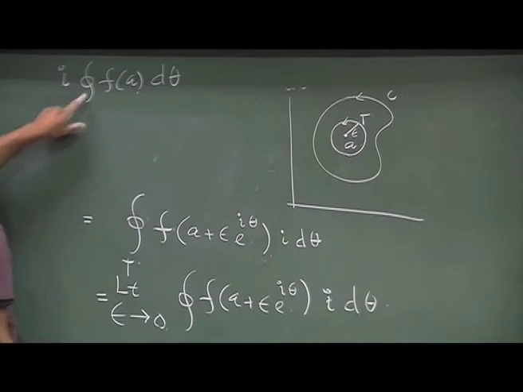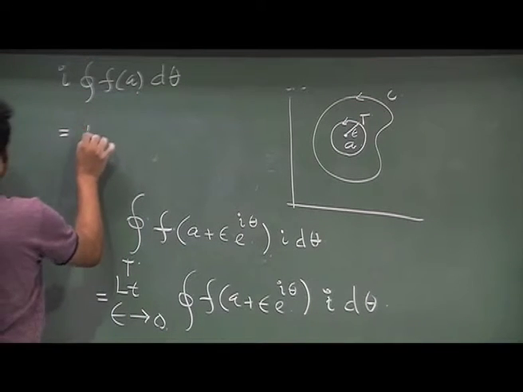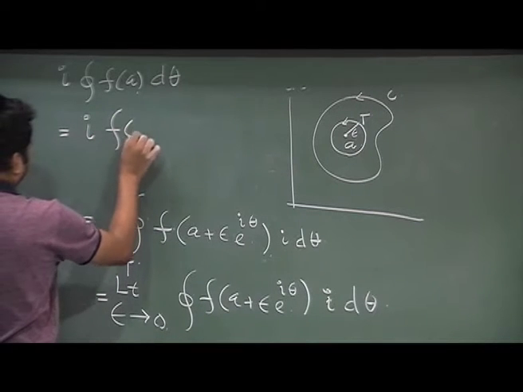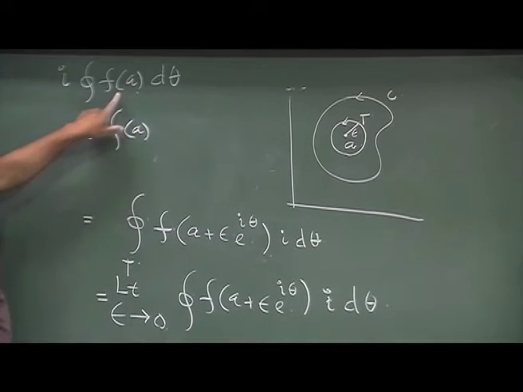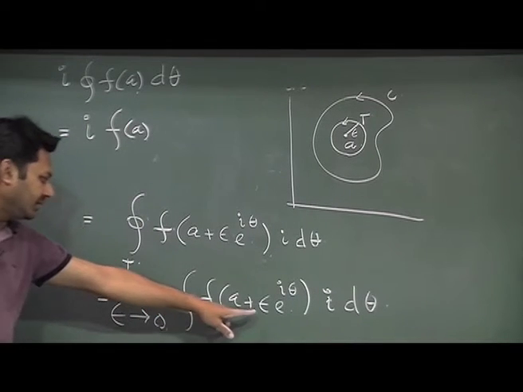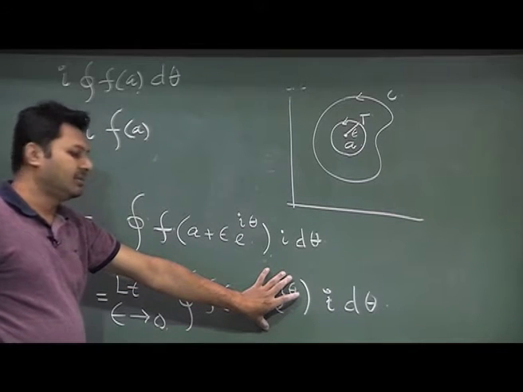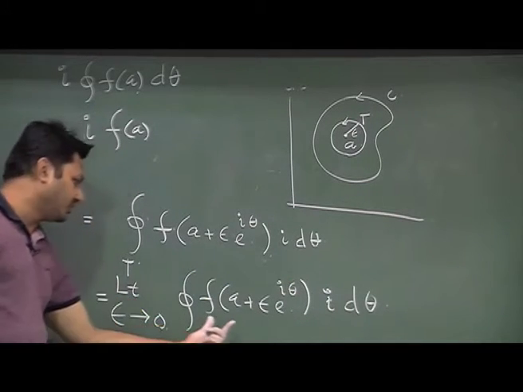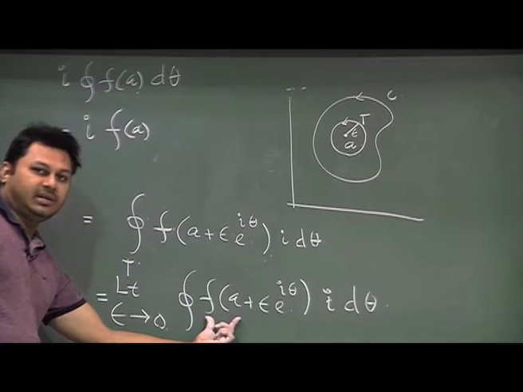Now, again this closed integration, which is equal to I, f of a goes outside because f a is not a function of theta. After putting the limit epsilon tends to 0, this quantity has vanished, this one has vanished. When this one has vanished, we will have only f a in our hand.